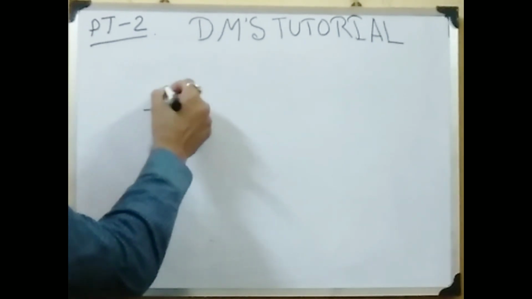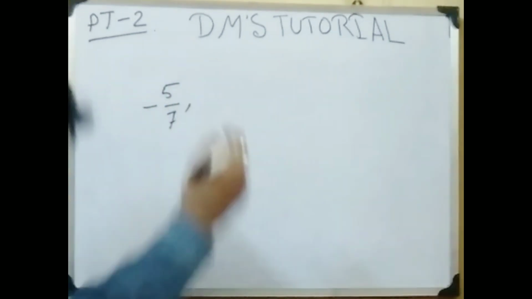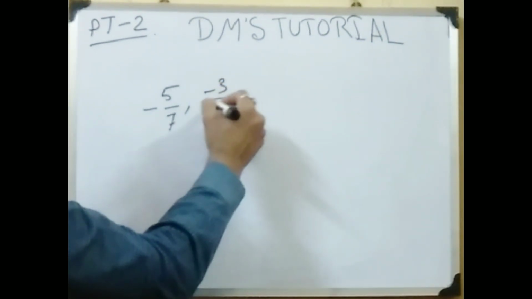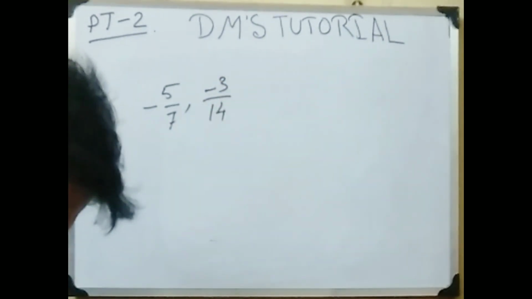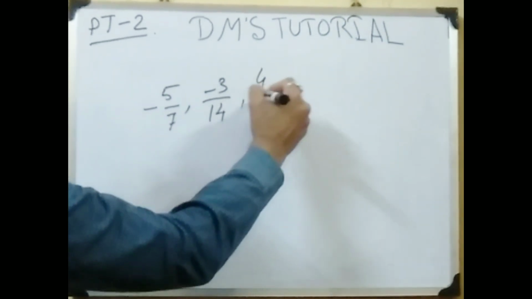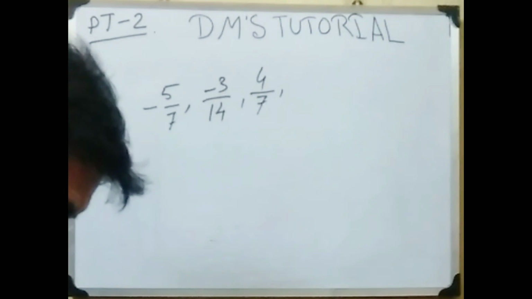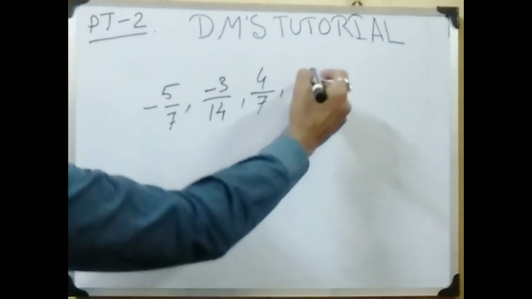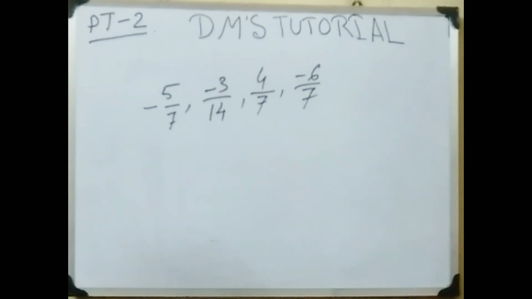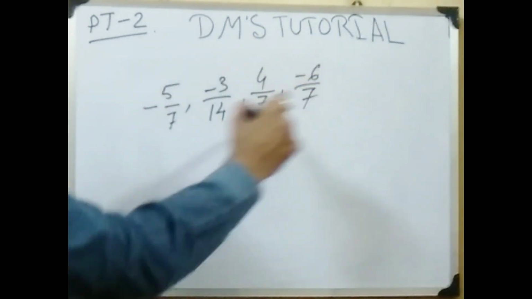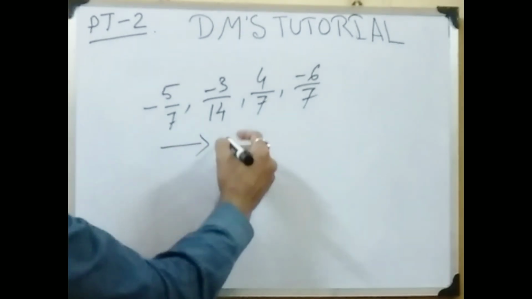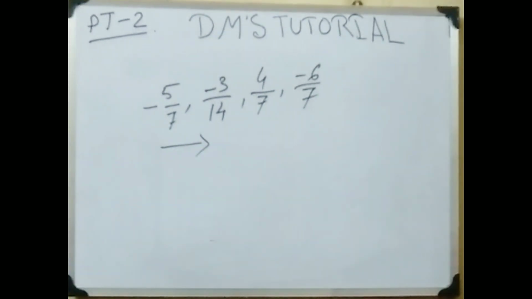Now take the numbers minus 5 by 7, minus 3 by 14, 4 by 7 and minus 6 by 7. I have to arrange these numbers in their ascending order. What do I have to do?